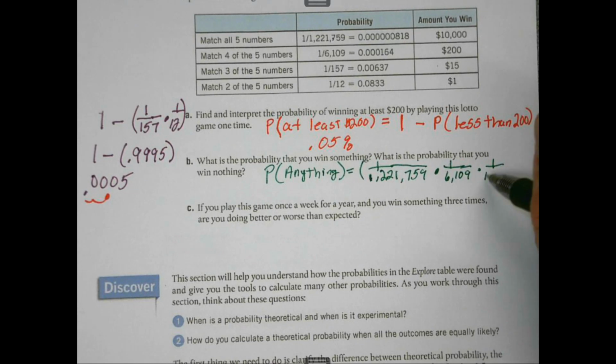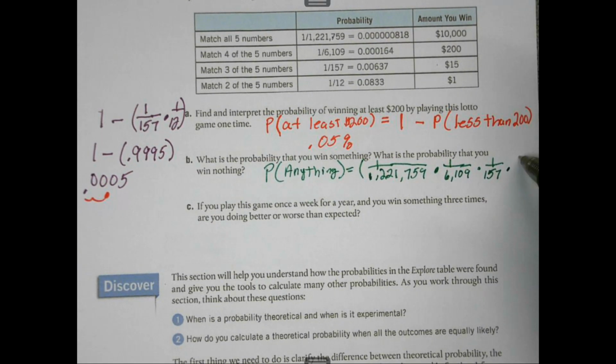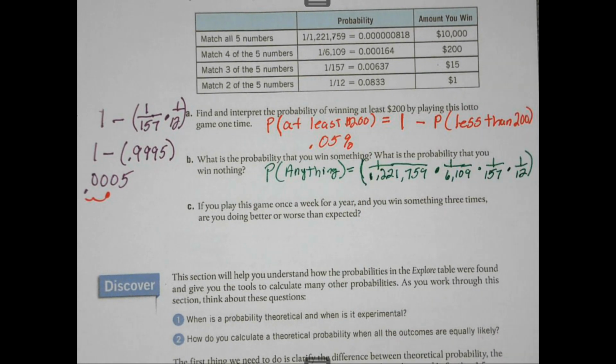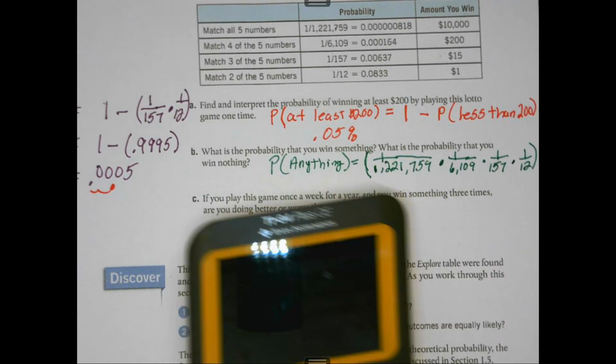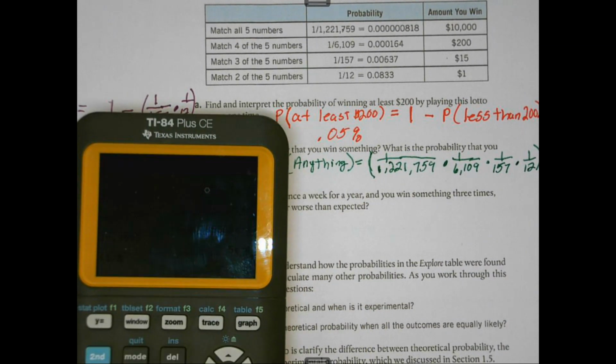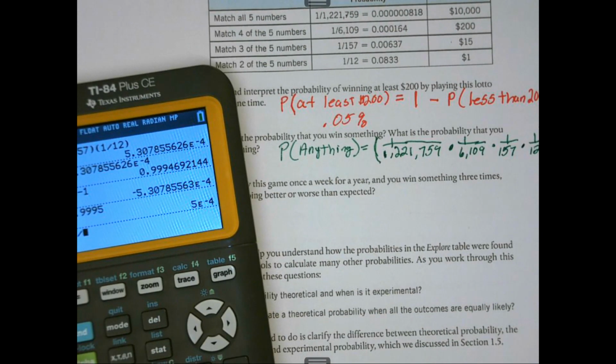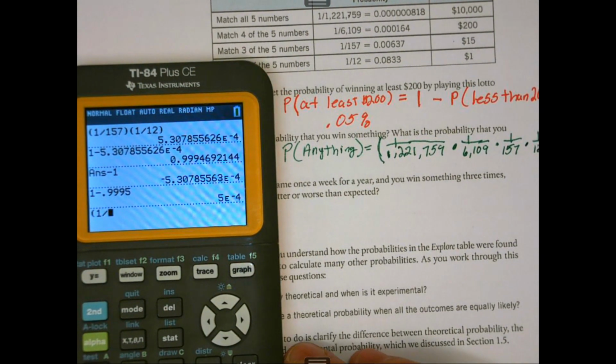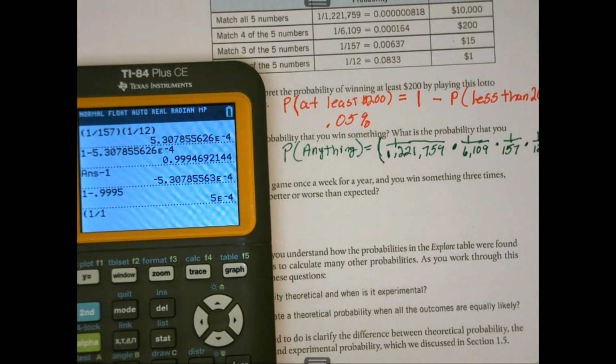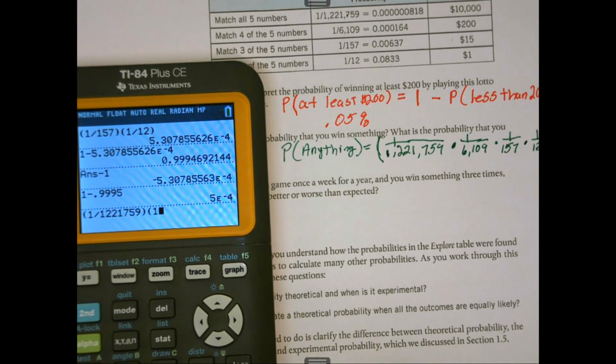I put that all in my calculator. I'm going to get scientific notation because my calculator is just not going to be able to show that small of a number. Okay, 1 divided by 1,221,759 times 1 divided by 6,109 times 1 divided by 157 times 1 divided by 12.